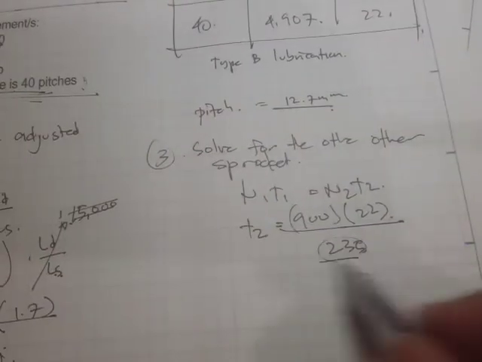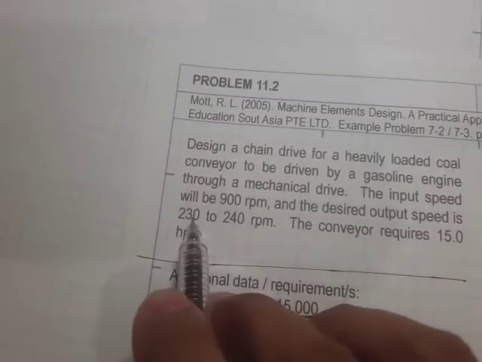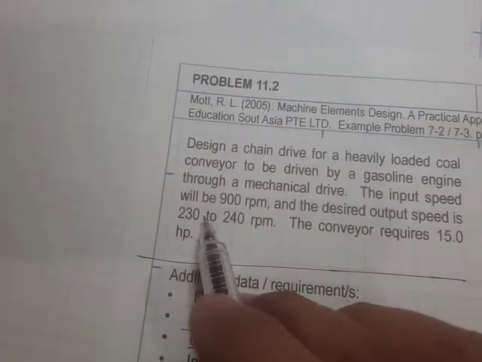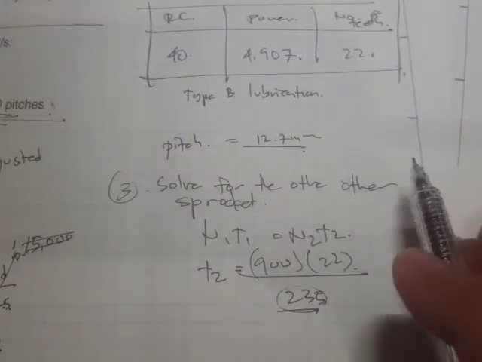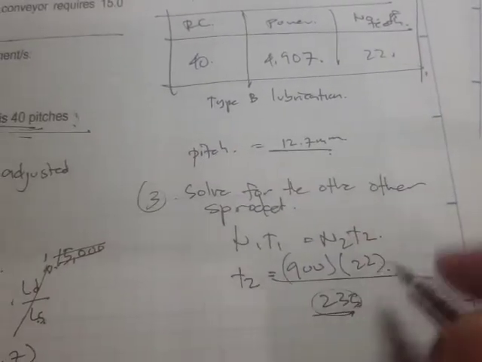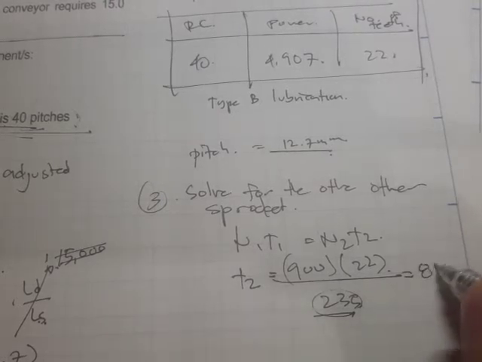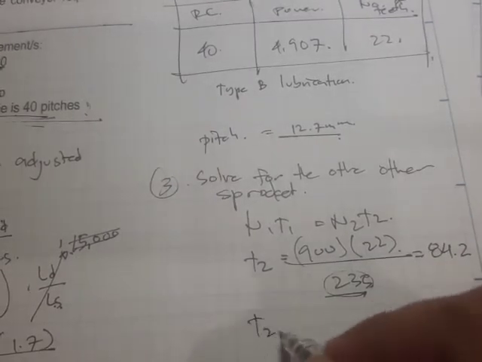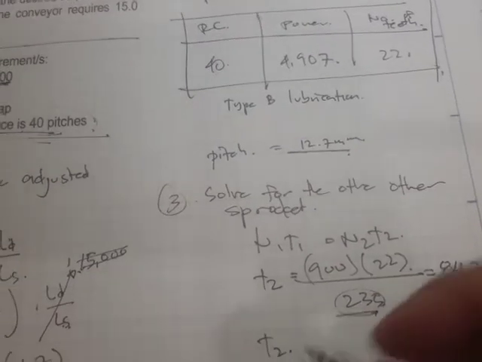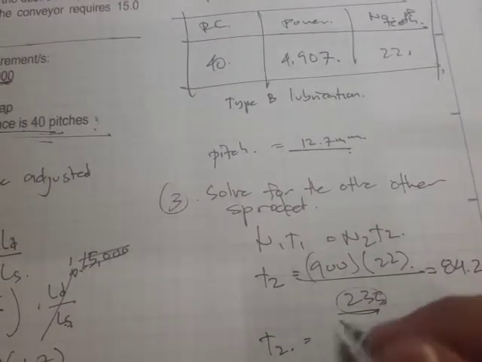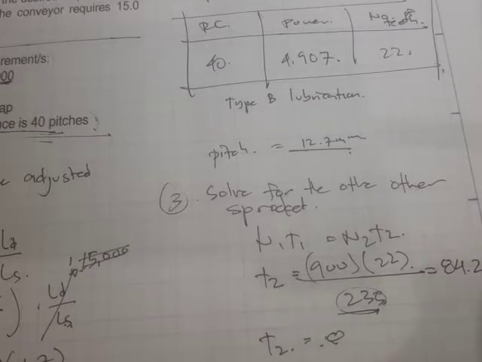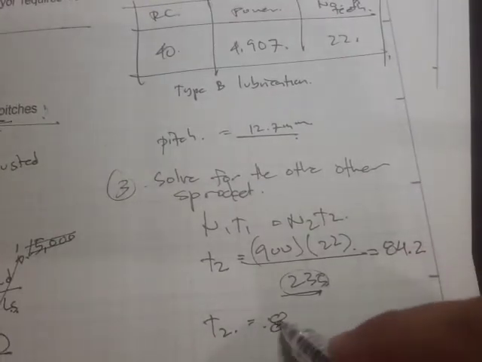Again, we'll just use the average value of 230 to 240, so the average value is 235. With this, we get a value of 84.2, and therefore we need to round this to the whole number. So we'll just use 84 instead of 85. We'll just use 84 teeth.